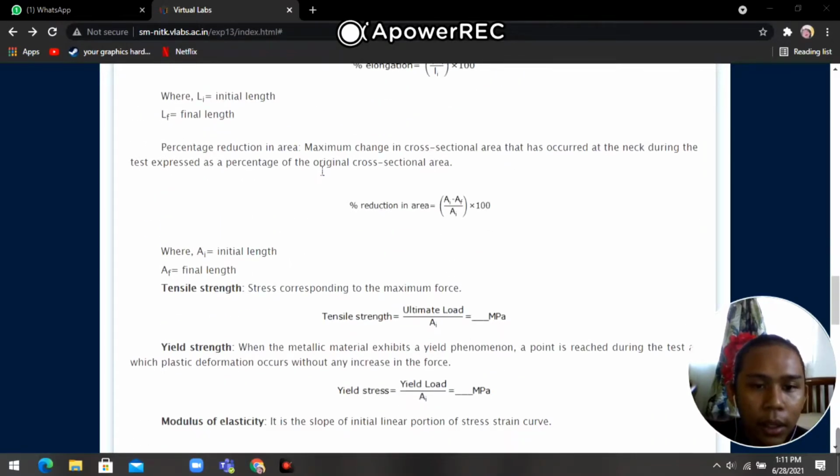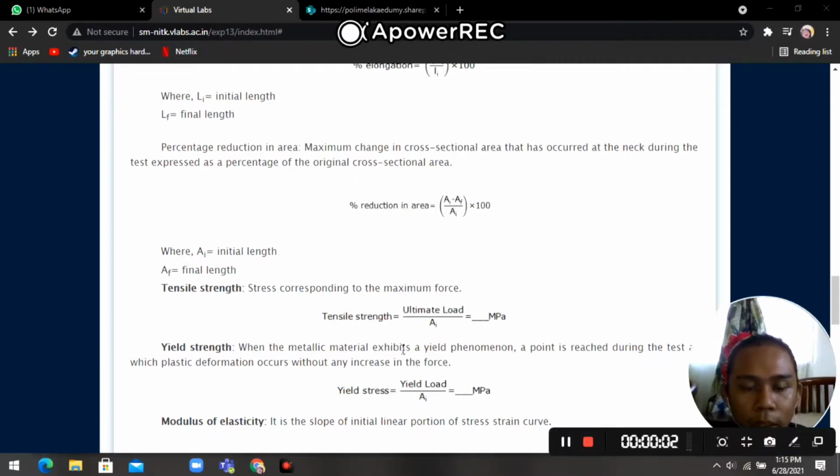Percentage reduction in area. The maximum change in cross-sectional area that has occurred at the neck during the test, expressed as a percentage of the original cross-sectional area.